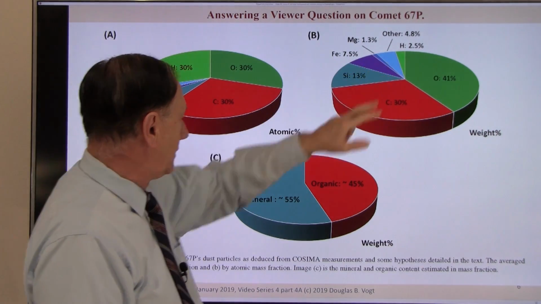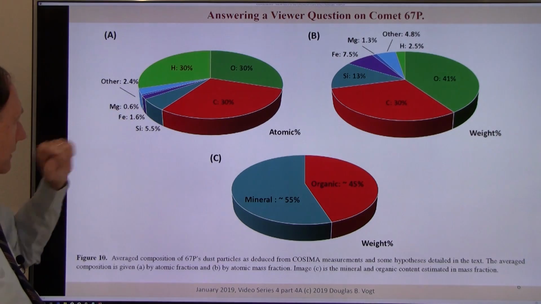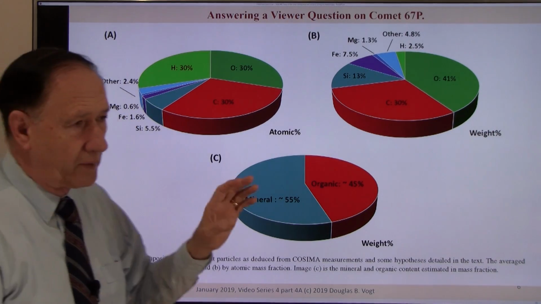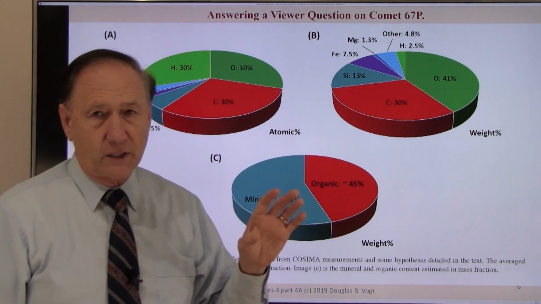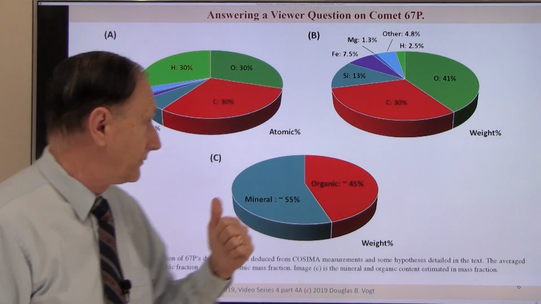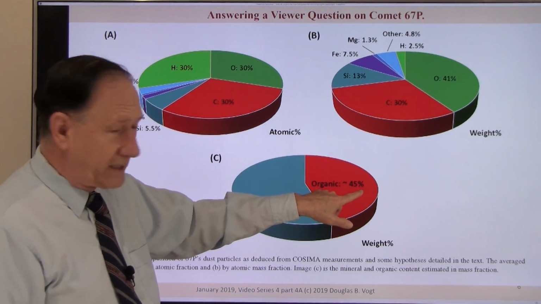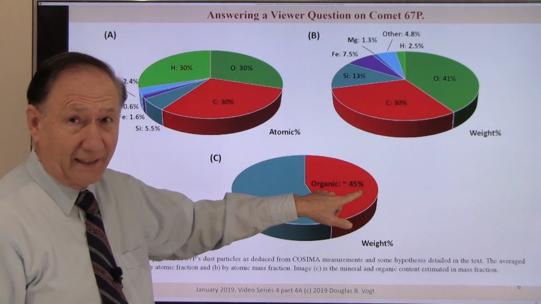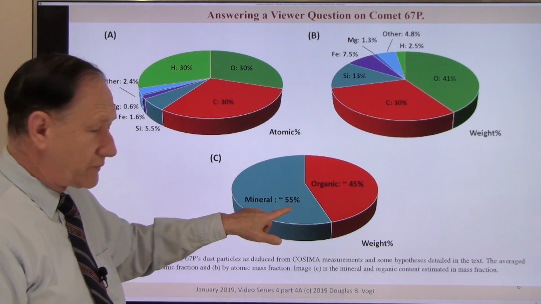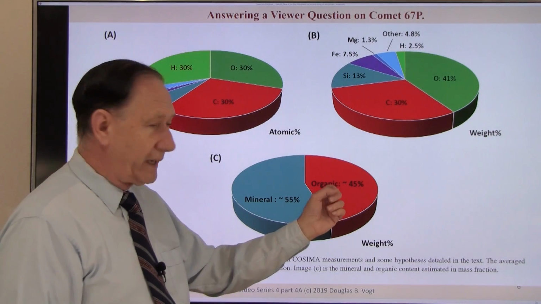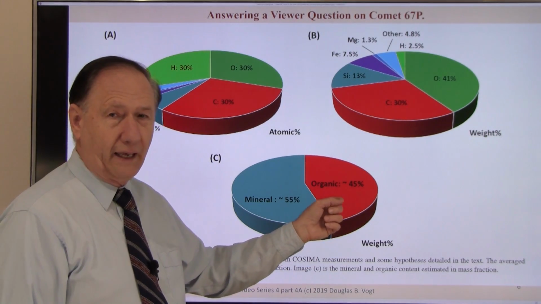The balance here and over here is basically, we're going to go into the chemical composition of the glass beads found on the moon. You'll see it's the same stuff. Now, it breaks down to this: organic material, 45%. Minerals, 55%. I'm going to explain where the organic came from.